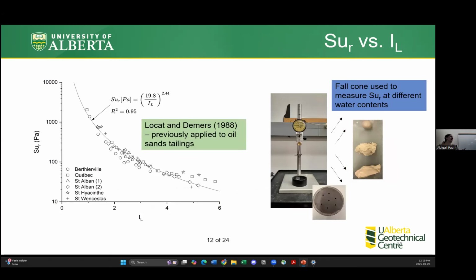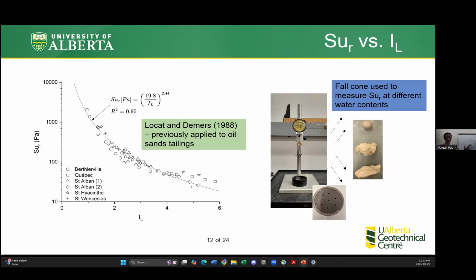However, another reason that Atterberg limits continue to be relatively useful, despite their limitations, is that they can be used to develop correlations between other properties. In particular, correlations between remolded undrained shear strength and liquidity index, which again is water content relative to the Atterberg limits, have been around for decades for different kinds of clay materials.